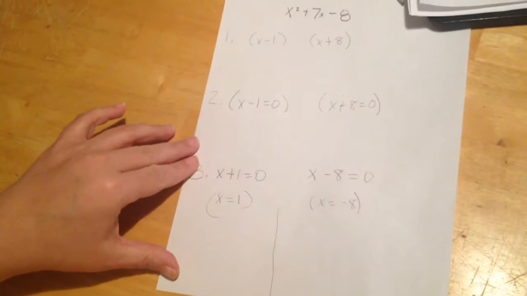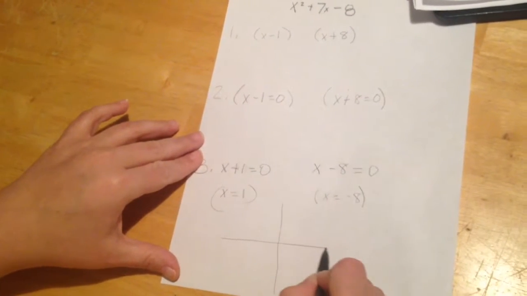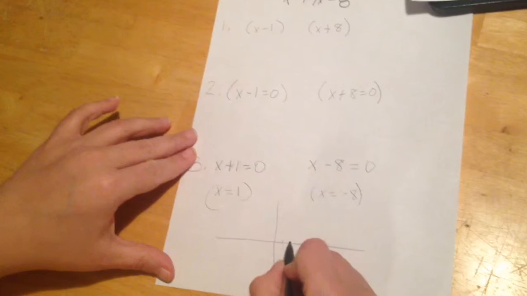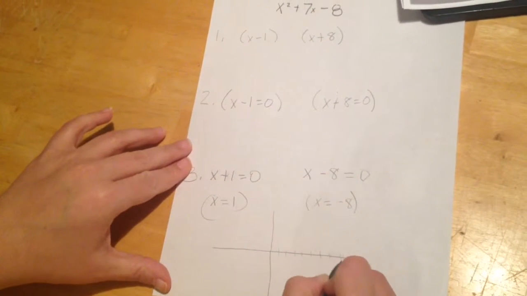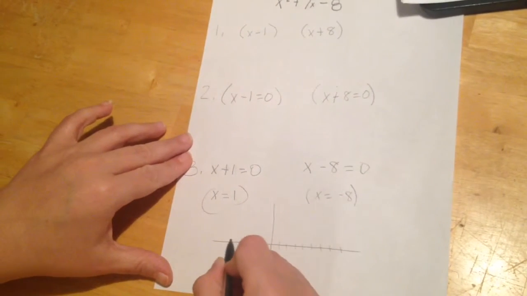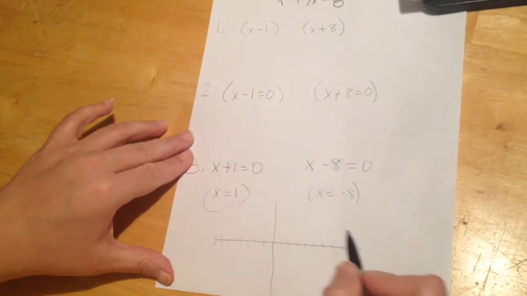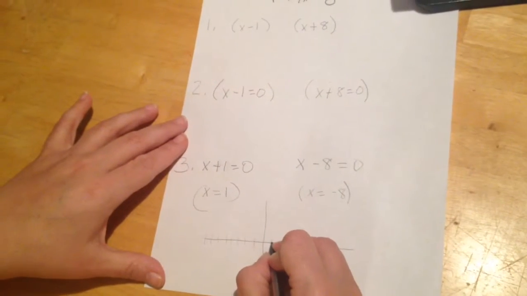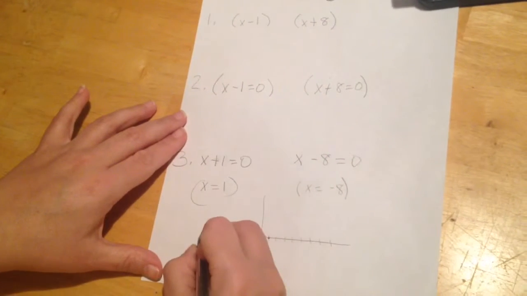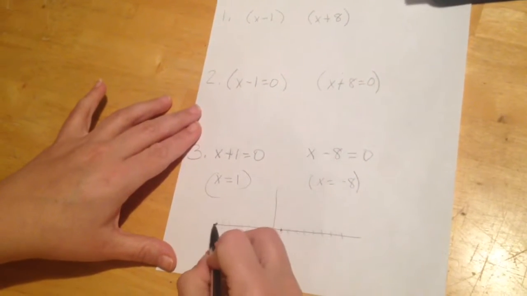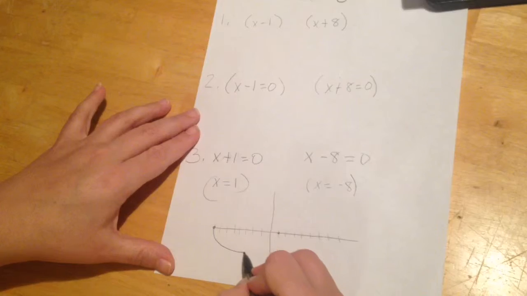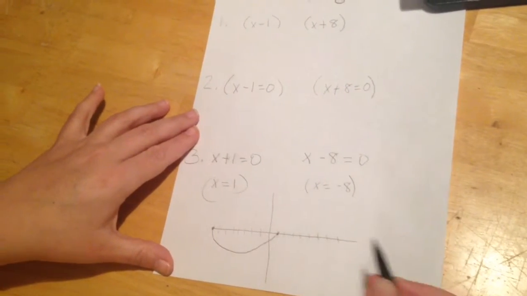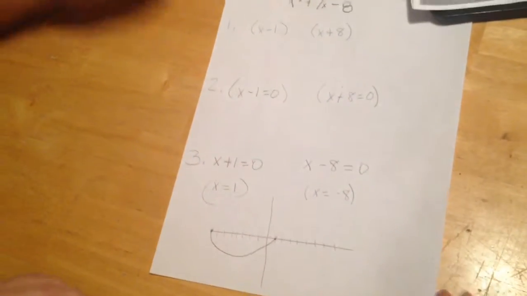So graphing it would be with a 1 and a -8, like that. That's correct. Alright, here comes your quiz.